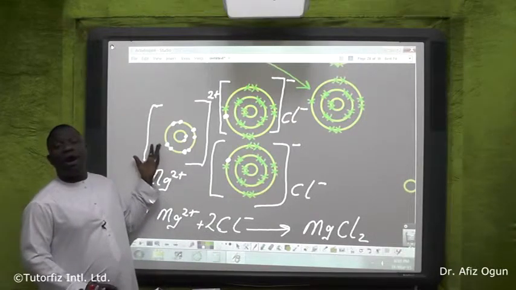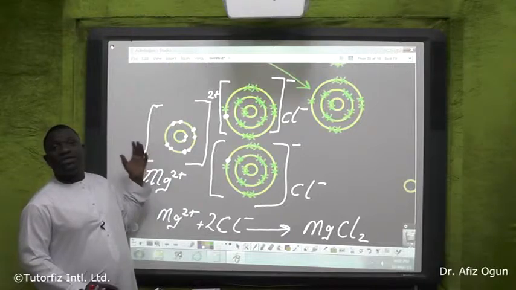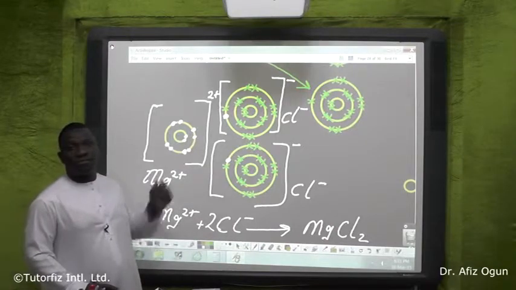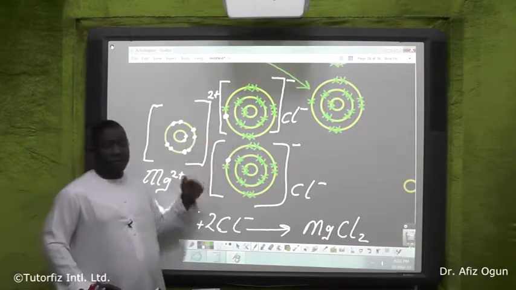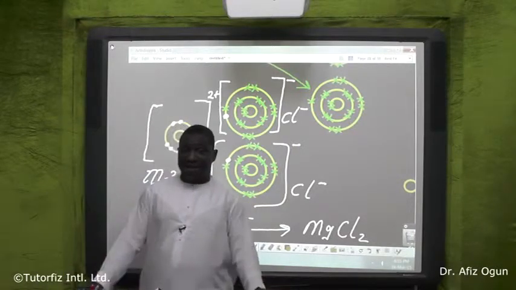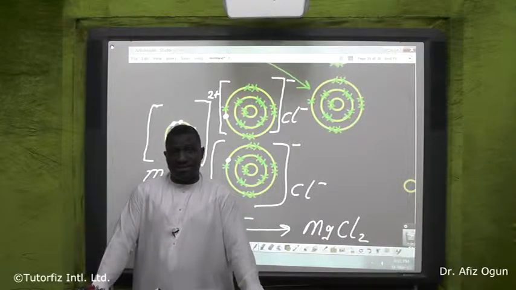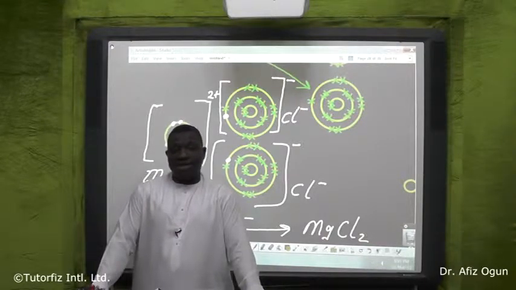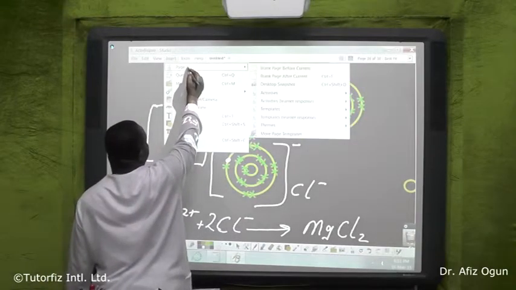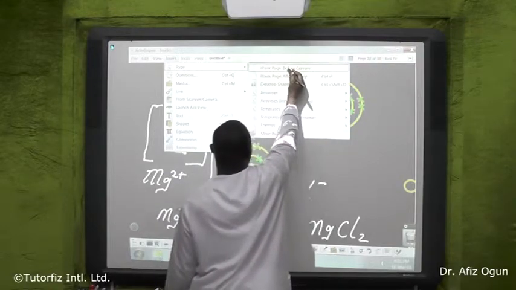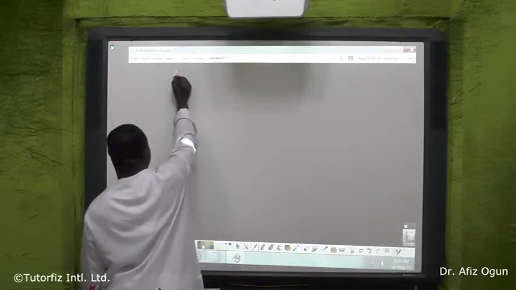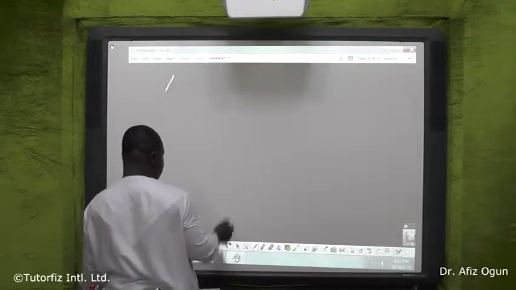Let us now look at 2 giving 1 in our next example, and that's when we're going to look at something like sodium oxide. We're going to look at sodium and oxygen.